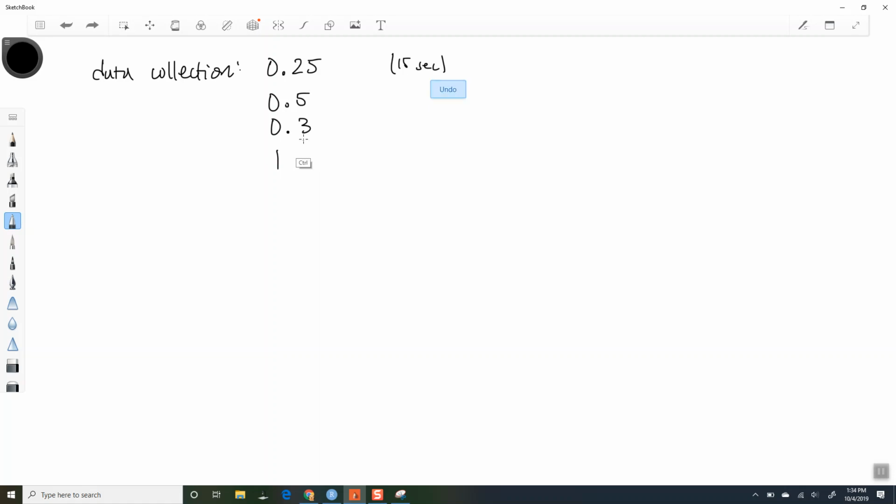Okay, 0.25, 0.5, 0.3. 1.05? Okay, so it adds up to 1.05. So we have 1.05 minutes total, and we saw 3 arrivals.